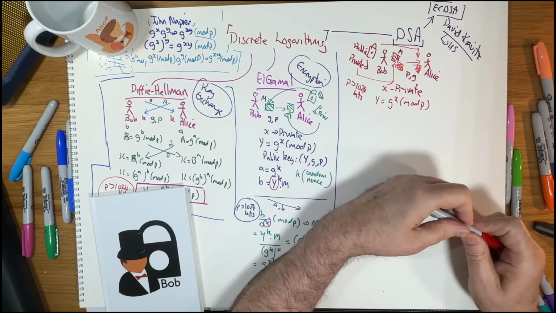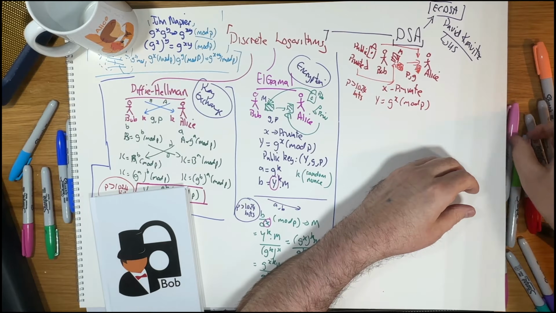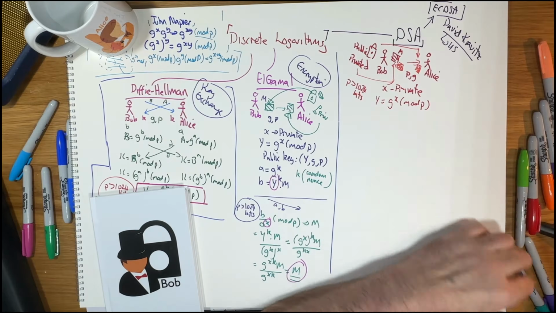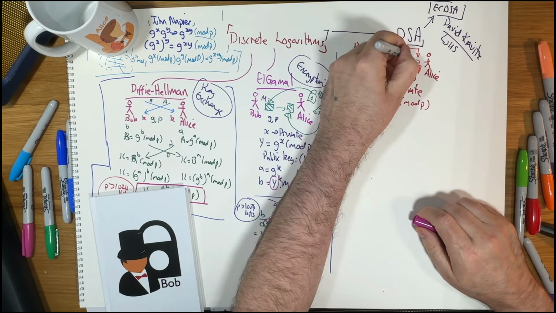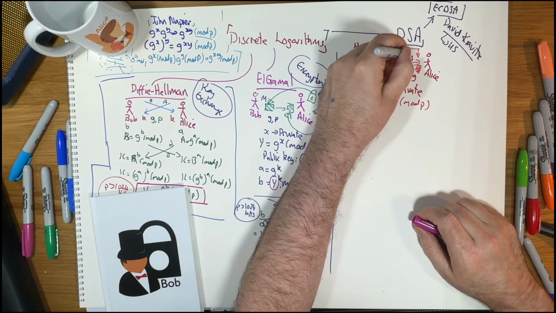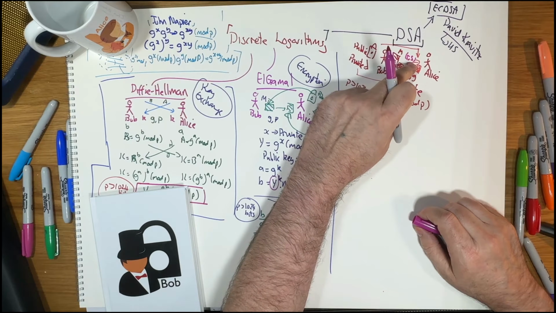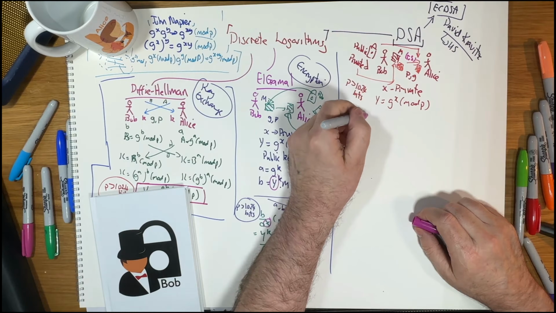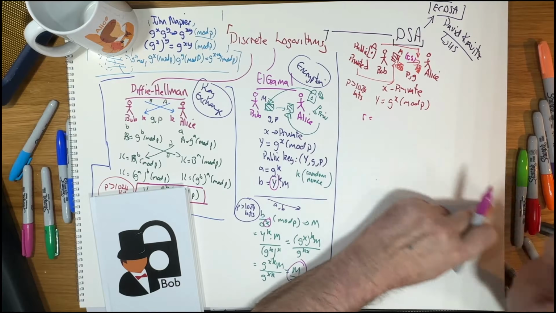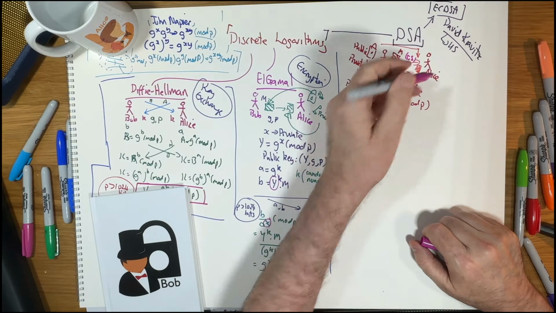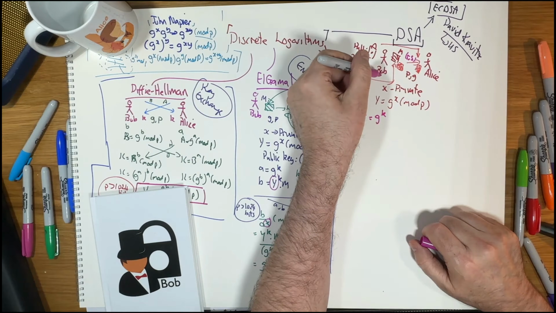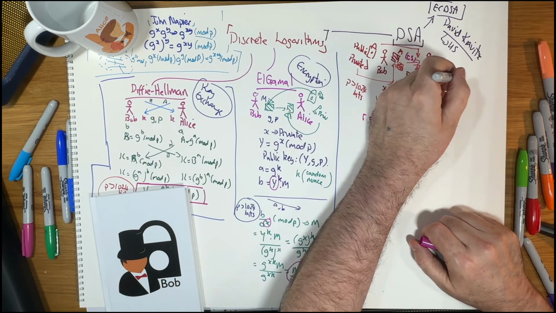We then compute two values, R and S. The signature itself is an R and an S value. The R value is equal to G to the power of K, where Bob creates a random nonce.